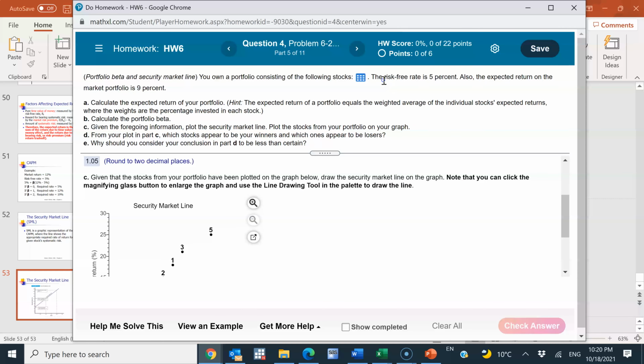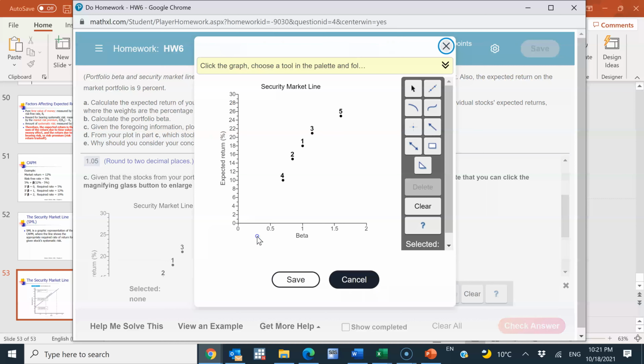So now we can use the information provided, and with that knowledge, we can draw this security market line because we are provided with this risk-free rate, 5%, and we are also provided with expected return on the market portfolio, 9%. So we can just connect those two dots, and that's our security market line. So I use the line function here, line tool here.